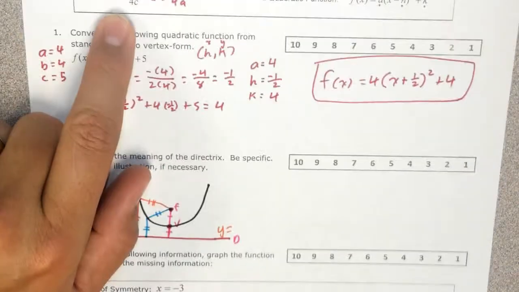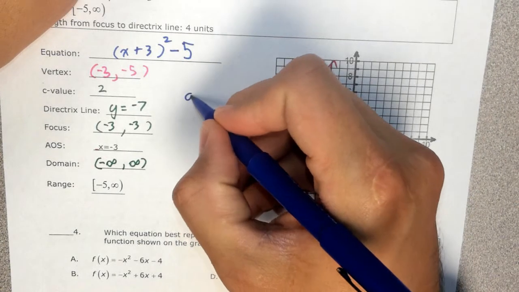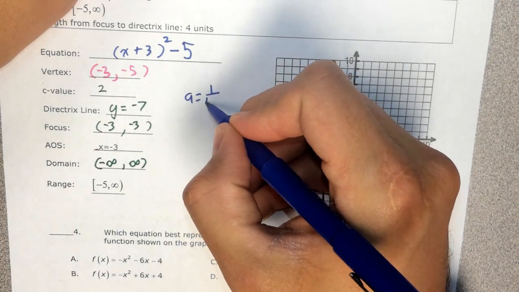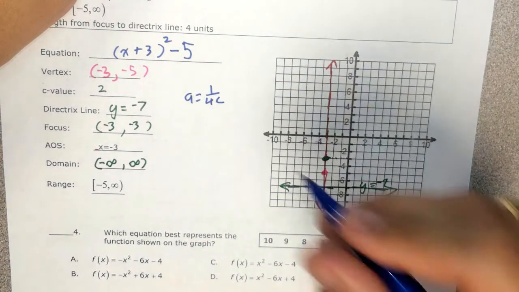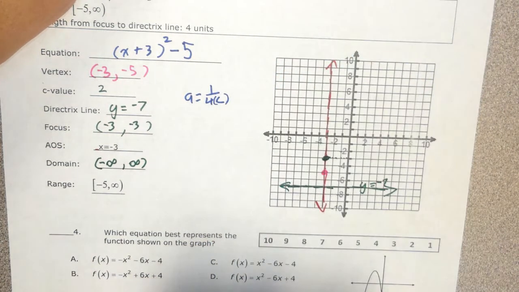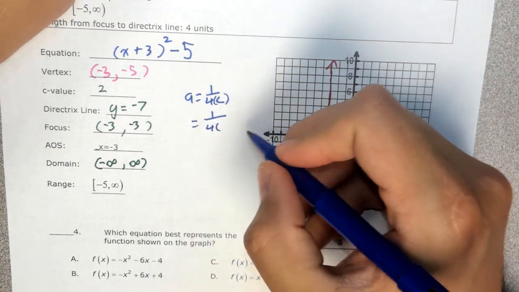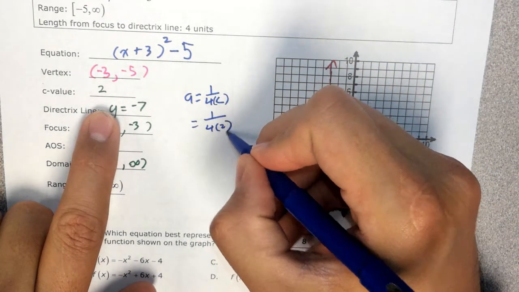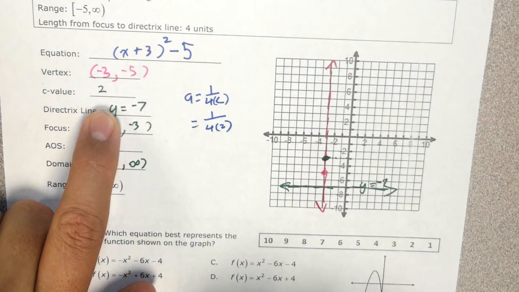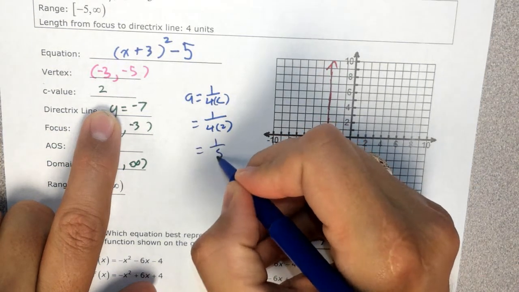At the very top we have a formula for a, so I'm going to write that down here. A is equal to 1 over 4c. I like to put c in parentheses. It just reminds us what we're doing. 1 over 4 and c is 2. So that gets us 1 over 8.